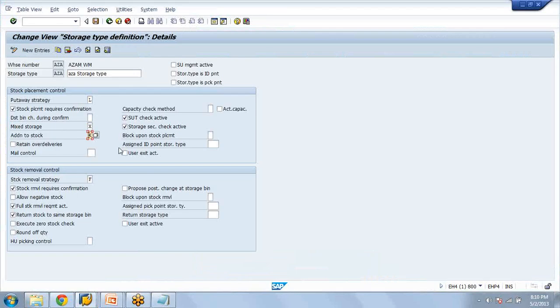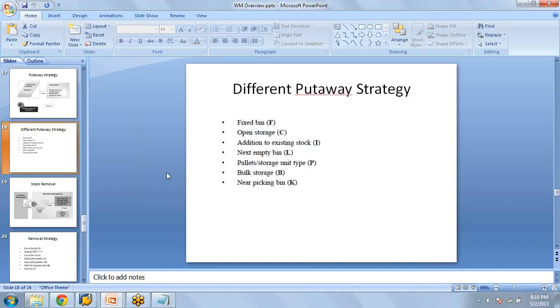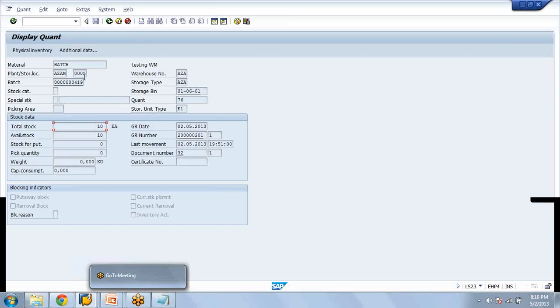When you activate additions to stock, what happens? If the material is the same with all the quant characteristics, it goes and updates the same quant. For example, I am procuring the batch with the same batch number. The system will go and increase the quantity of the same quant.